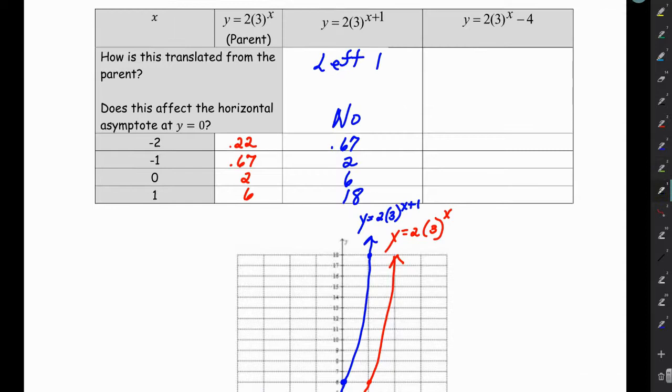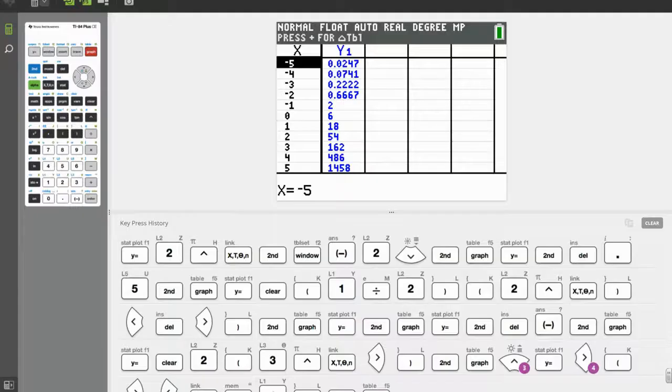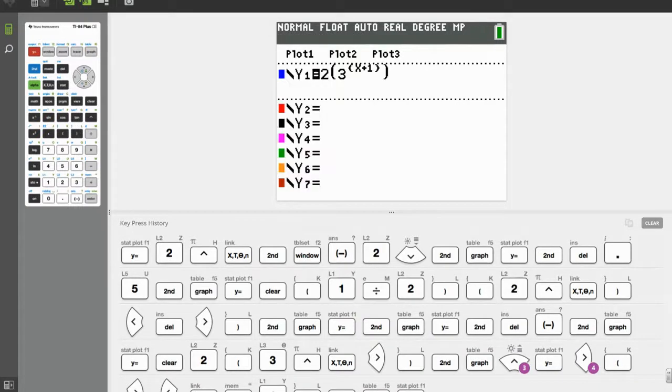Now the last graph, we have that -4 on the outside. That means the whole function is going to move down 4. That means that our horizontal asymptote is going to be at y equals -4. So when we draw the graph, you'll see what I mean. So let's go back to our calculator. This time you'd use a subtraction. Make sure it's subtraction and not a negative because we're actually subtracting 4.